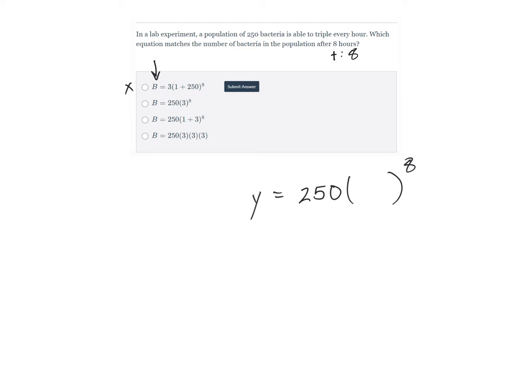I mean, D looks kind of crazy, but it might be right, you know? So let's maybe make a table. Maybe this is helpful. Hours on the left, the number of bacteria on the right. So at hour 0, you have 250, right?